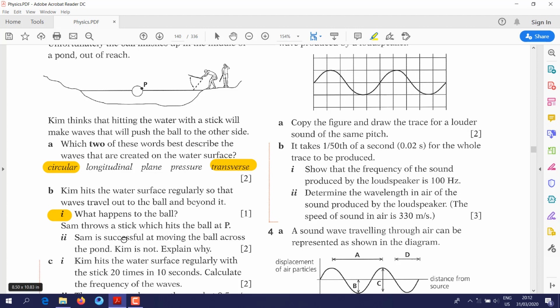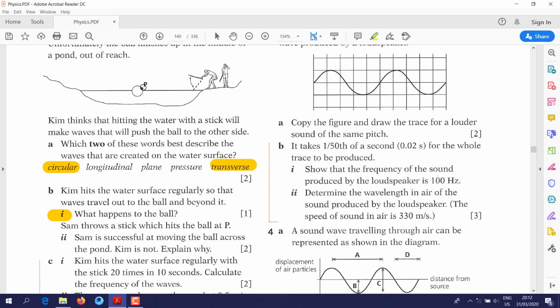Sam is successful at moving the ball across the pond. Kim is not. Explain why. The answer will be transverse waves produce only up and down motion. So what will happen when Sam throws a stick to the ball?